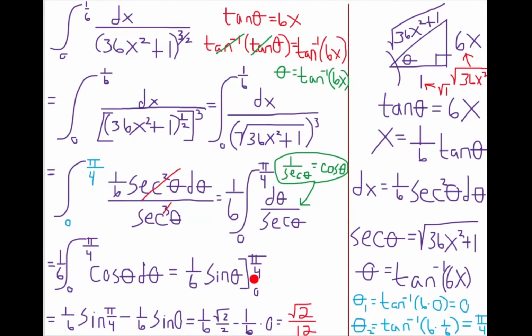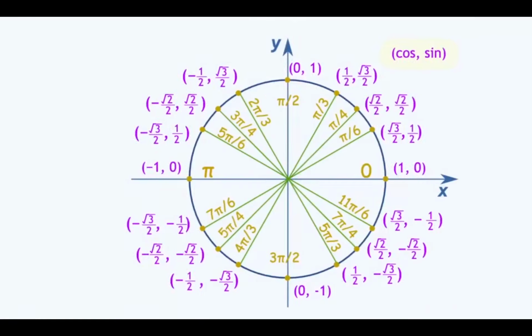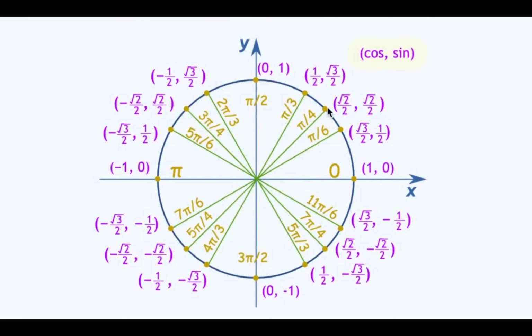When we're doing our integration, we are going from 0 to pi over 4, because those were the new limits that we had. We're going to do 1/6 sine of pi over 4, our upper limit, minus 1/6 times sine of 0, our lower limit. If you remember on the unit circle, the sine value is the y value. For pi over 4, our y value is root 2 over 2.